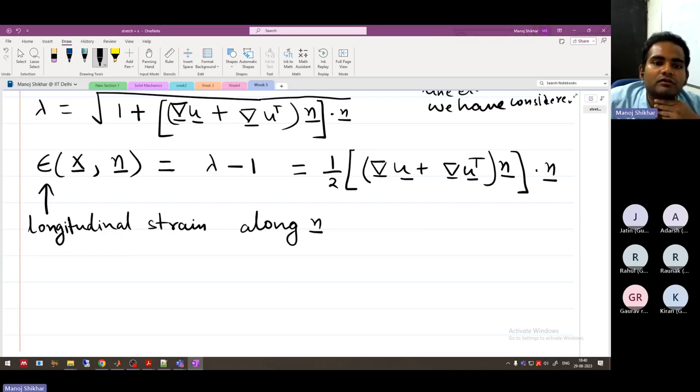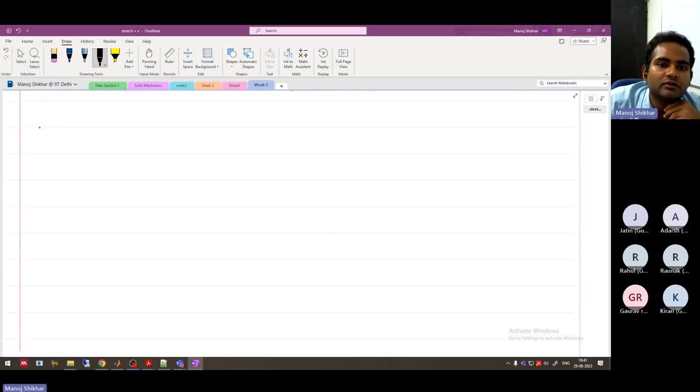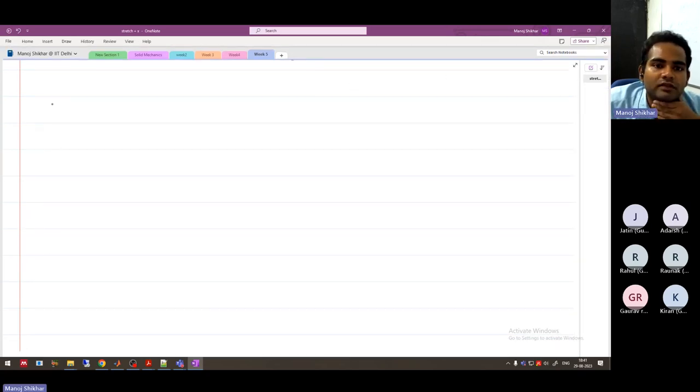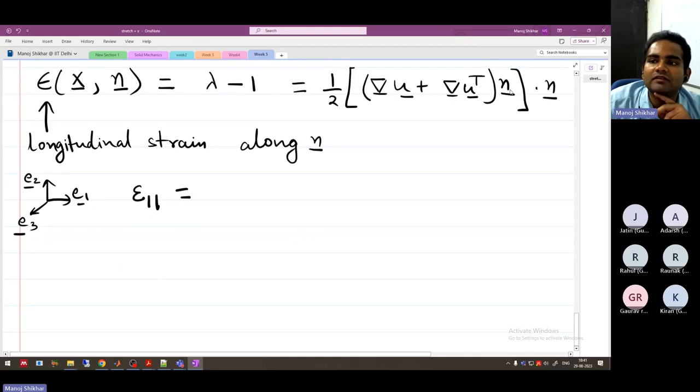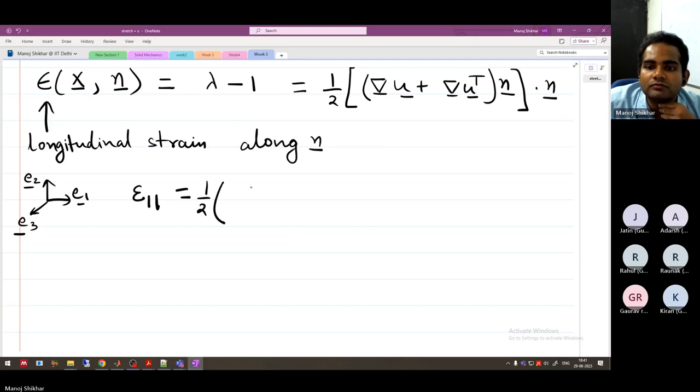Now suppose we are working in the E1, E2, E3 coordinate system, and we want to find the longitudinal strain in the first direction, that is epsilon 1,1. We can directly plug n as E1. So what will happen? 1/2 gradient of u.